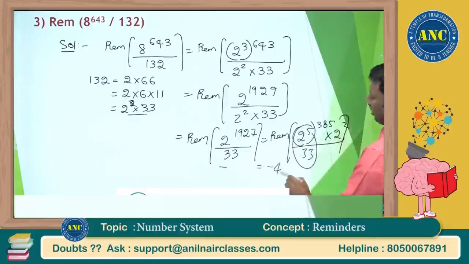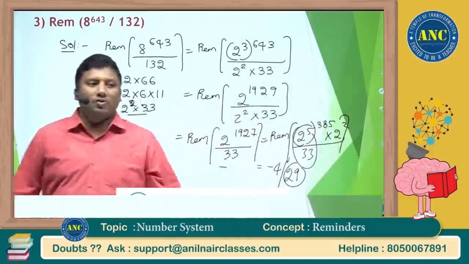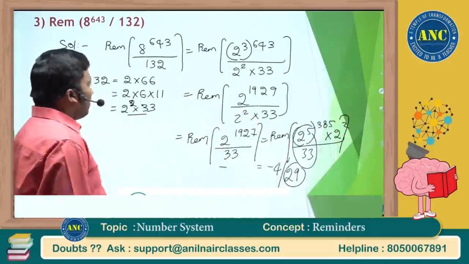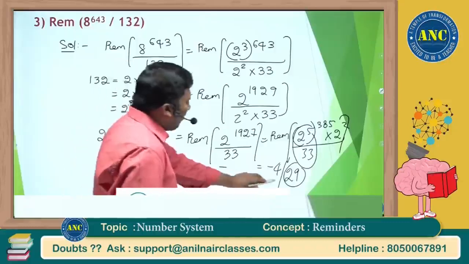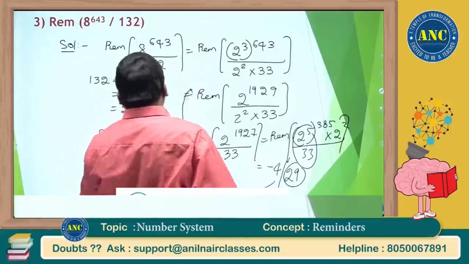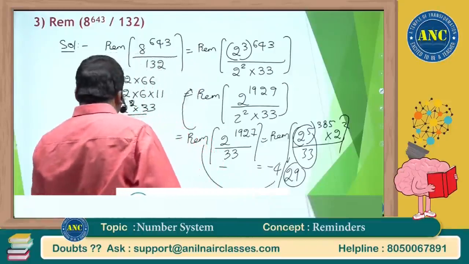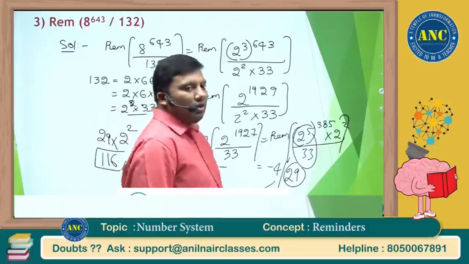Minus 1 into 4 is minus 4. Positive remainder it is 29. 29 is the answer for 2 power 1927, but this is for 2 power 1929. So into 2 square, 29 into 4. The answer for this question is 116.